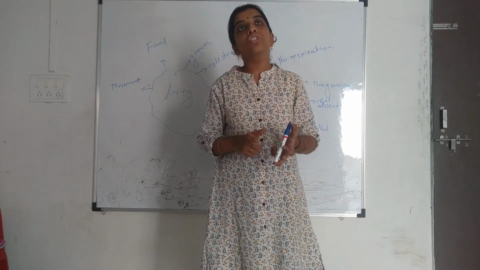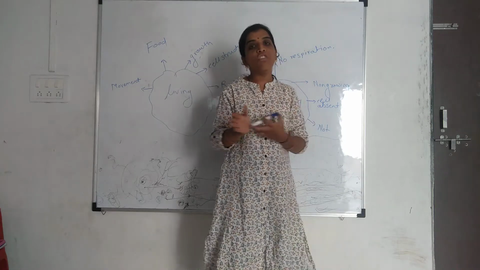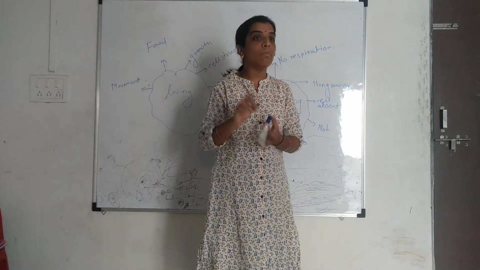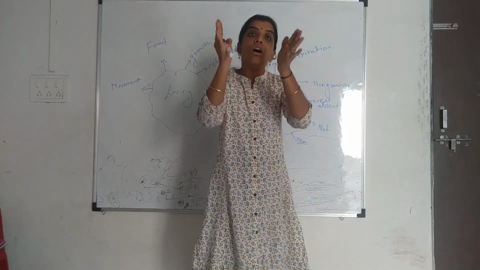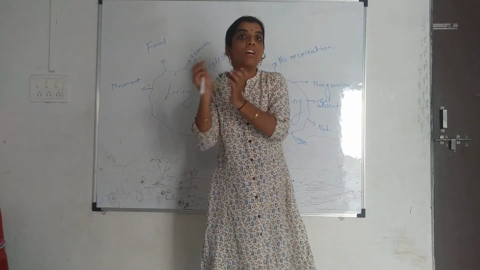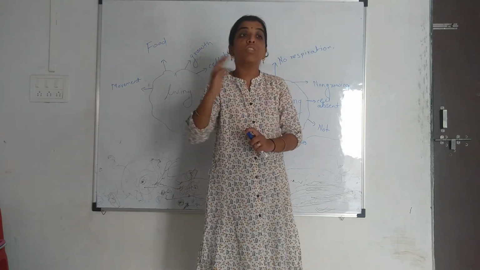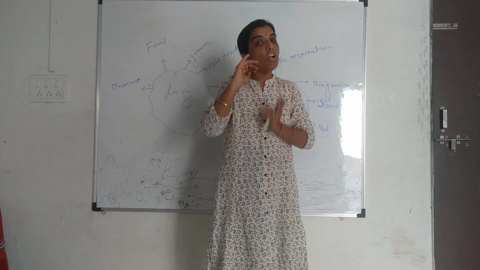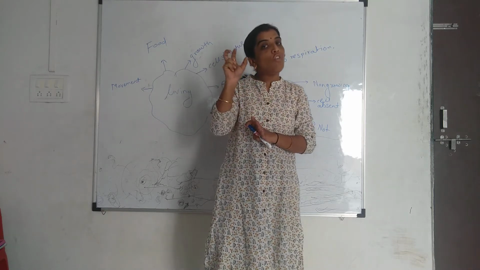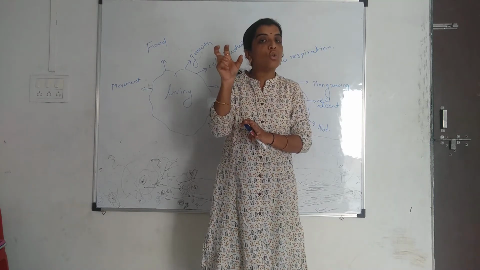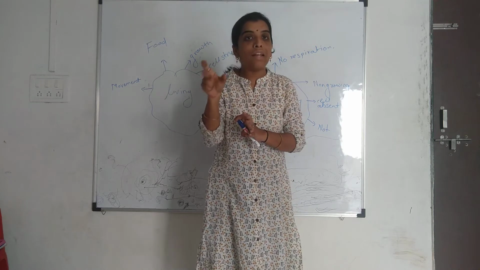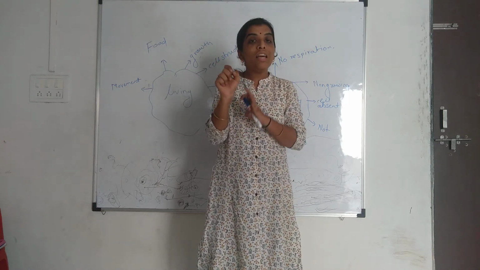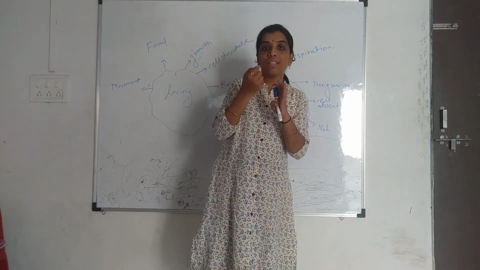Or in childhood, in the 4th, 5th standard, you had one experiment where you have to put the pot of a plant near your window and observe that plant. What did you observe? You observed that the plant is growing towards the sunlight. Means what? There is some response, isn't it?